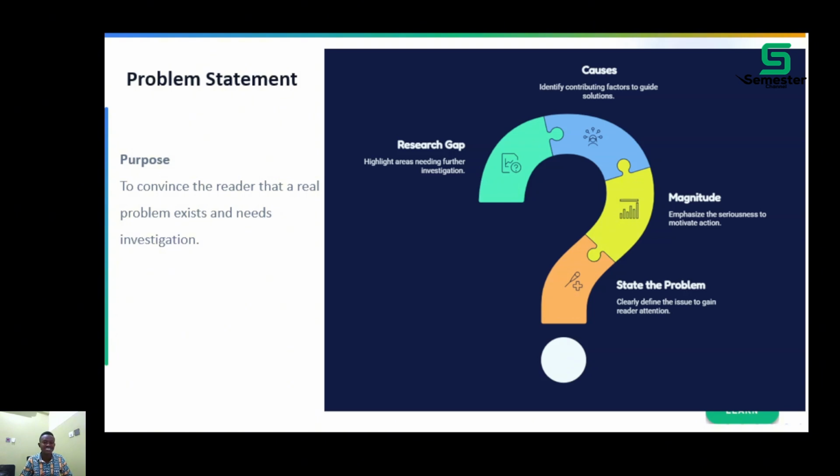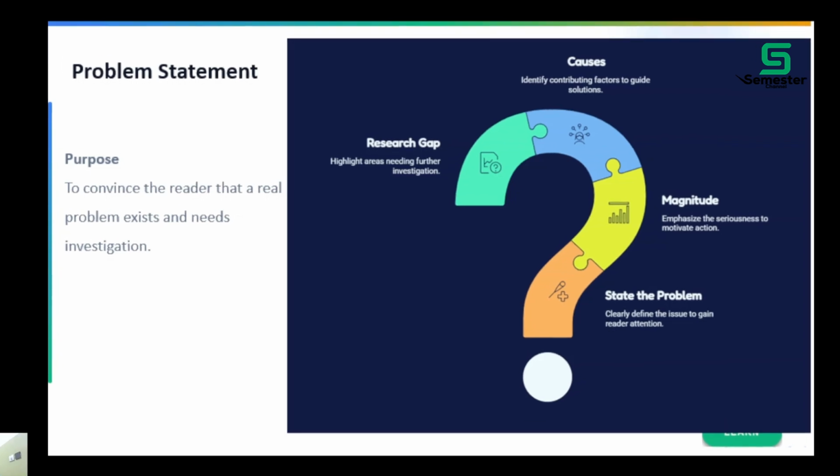First of all, you need to state the problem. You have to clearly define the issue to gain the reader's attention. Once you state the problem, it is not just one statement. It is supposed to have a very brief background. So in Ghana, what do we know about malaria? We are still having a rise, still having increased malaria cases. What is the cause? What is the issue?